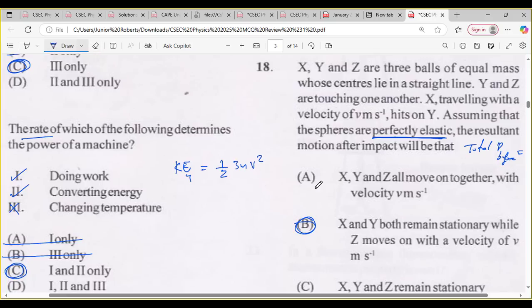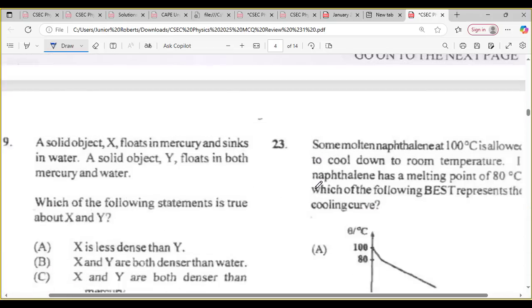But the kinetic energy before is a half m v squared. So it's not going to be the same. The total kinetic energy after and before will not be equal, so it will not be elastic. Okay, all right, I understand. Yes. All right, so that's that.